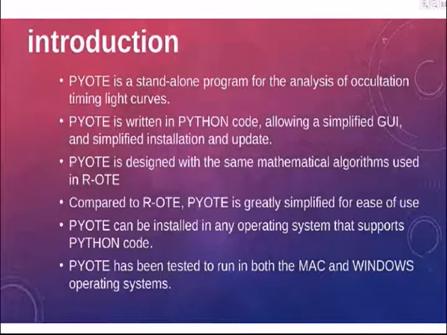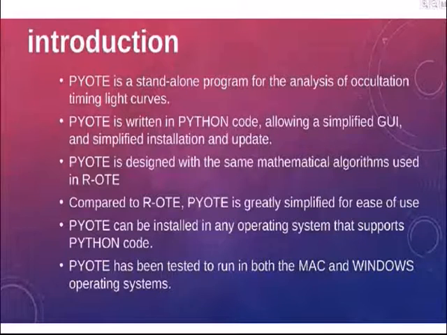Okay, so PYOTE is a standalone program for the analysis of occultation timing light curves. So in that regard, it's going to be similar to Ocular, if you used Ocular, or similar to PYOTE. It's a little different from PYOTE in that for PYOTE to work, you have to install all of Occult 4, and with PYOTE, you only have to install PYOTE.